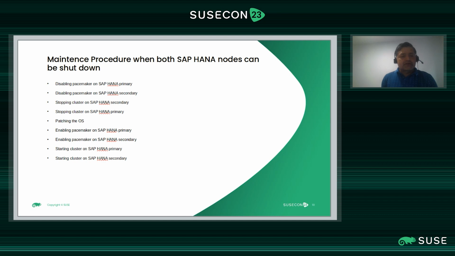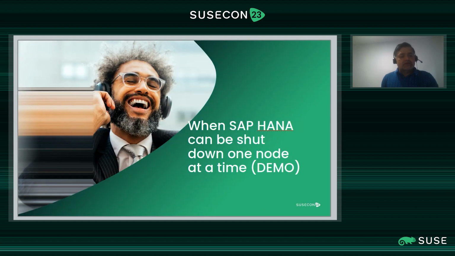So the third and the main scenario that I wanted to discuss is when the SAP HANA can be shut down on one node at a time. Why is this my main content? Because from my experience, mostly this is the desired scenario where one HANA is still running.